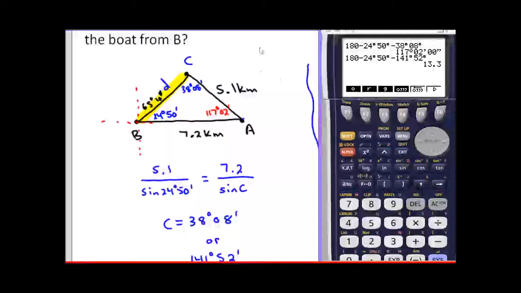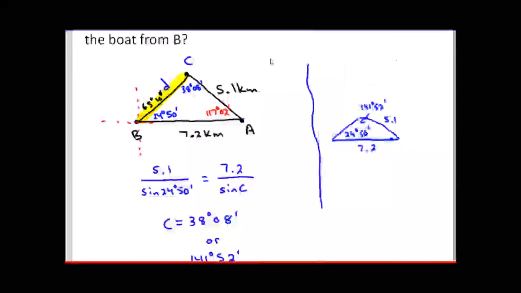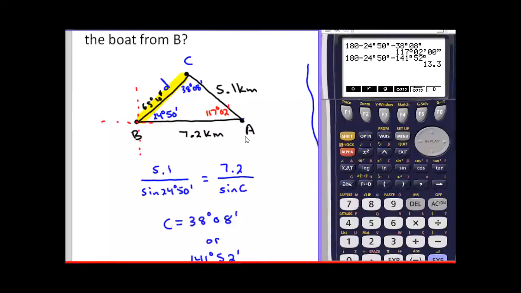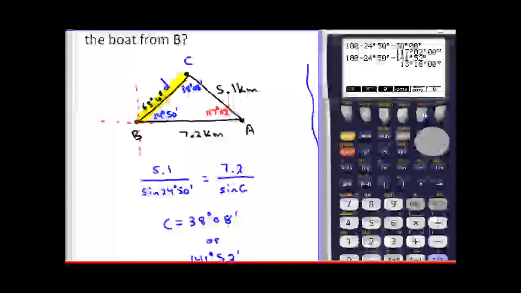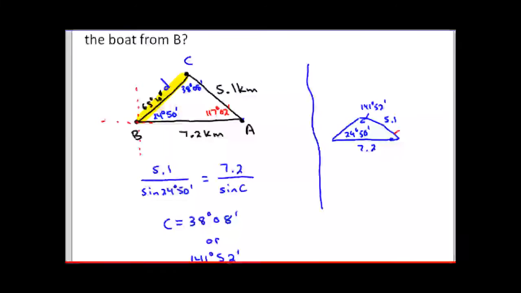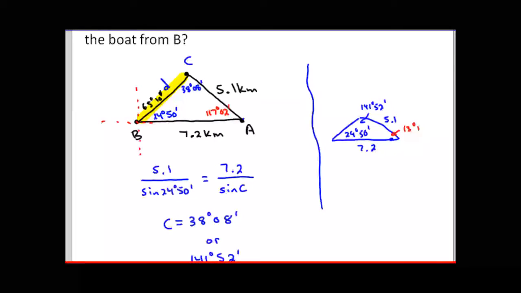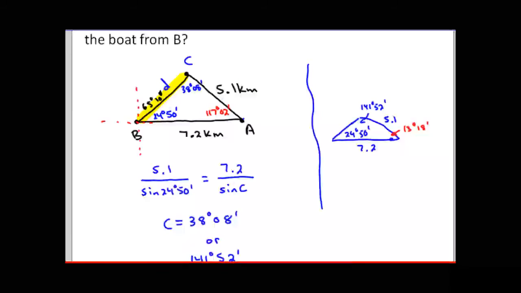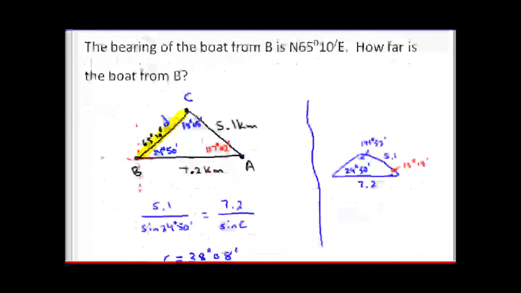So in this other triangle, angle A is going to be 13.3 degrees. Well, let's see. Let's keep in the theme of degrees, minutes, seconds. 13 degrees, 18 minutes. Okay, so there's two possible distances this boat could be from B.